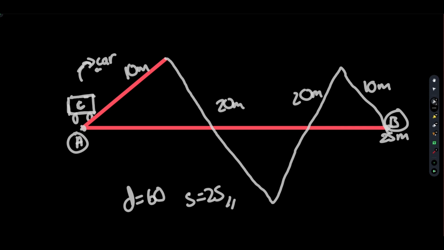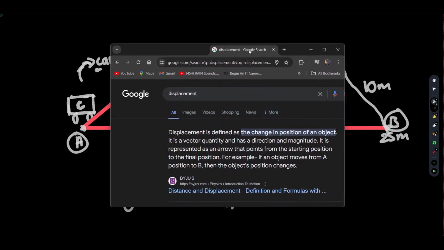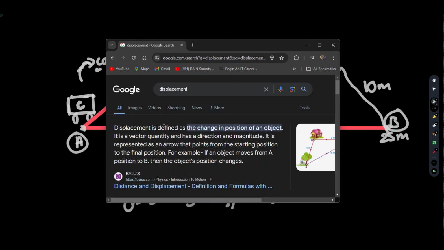displacement, here it is in Google. Displacement is defined as the change in position of an object. It is a vector quantity and has direction and magnitude. I'll talk about this in a bit.